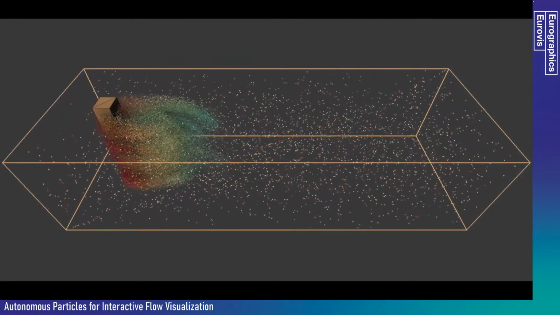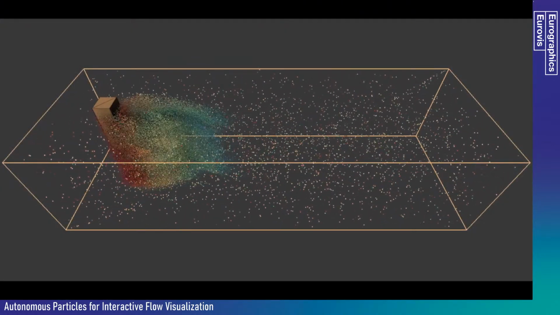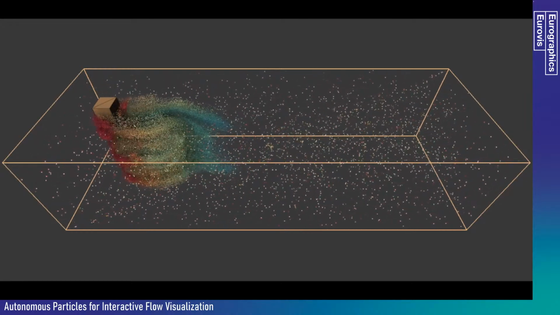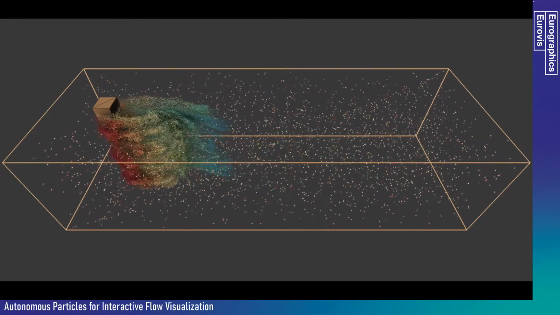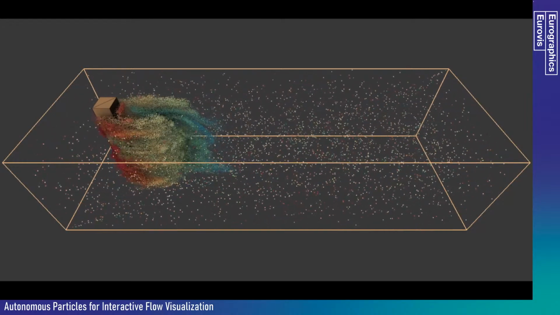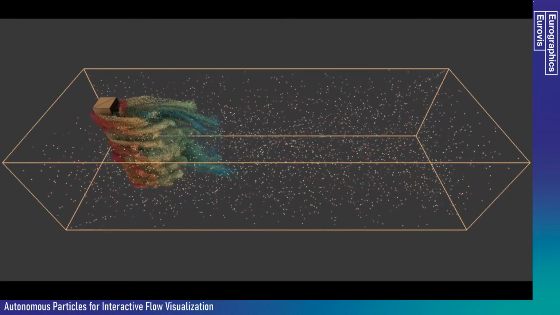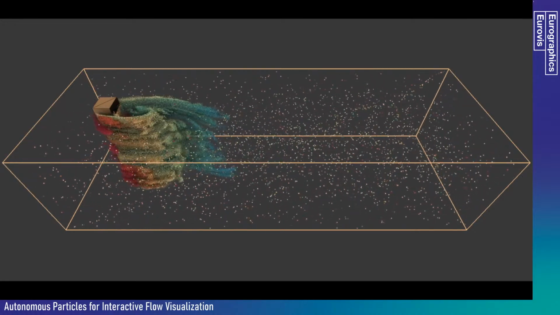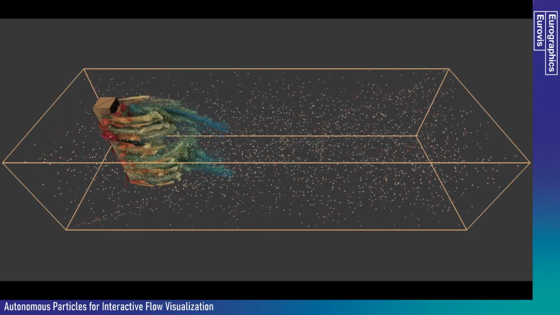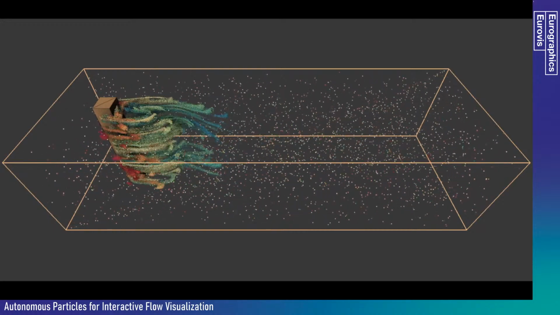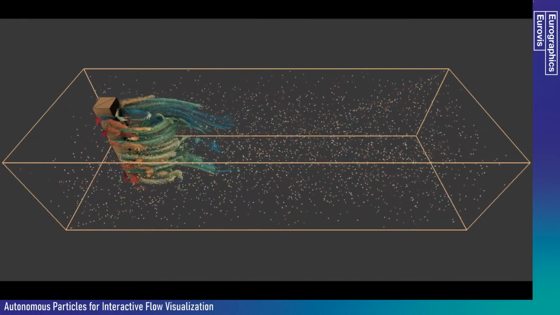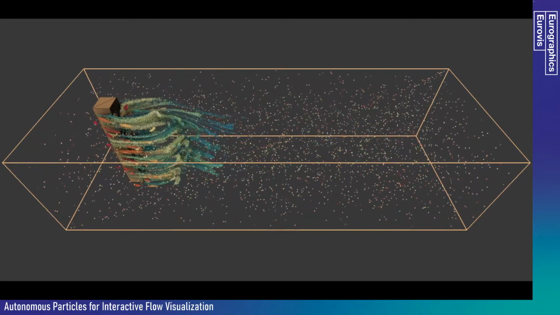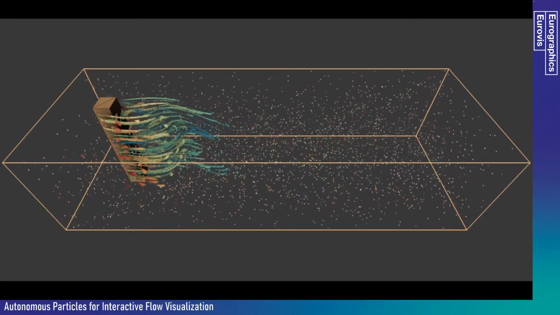In this video, the used split criterion is the proximity to the obstacle. In the first part, the magnitude of the child displacement is decreased. This results in more line-like structures. Now the particle lifetime is increased.